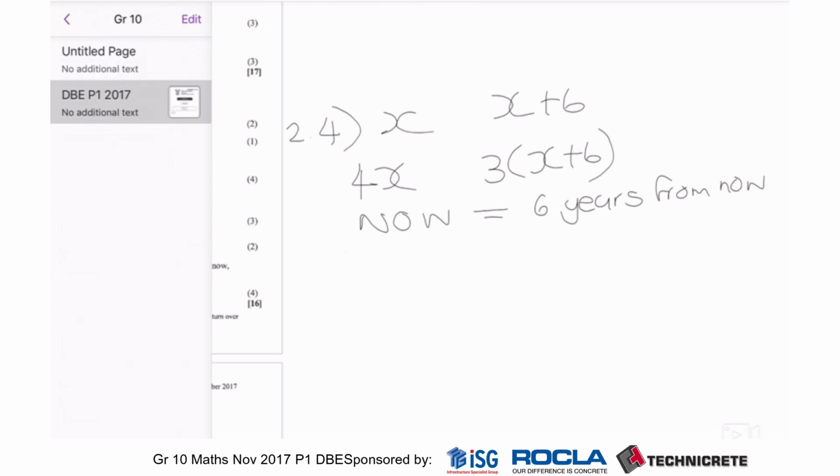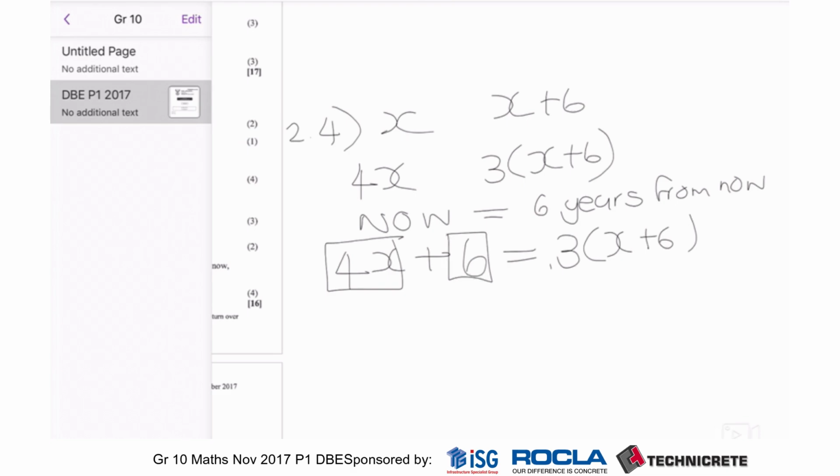Tabelo's age is 4x currently, but in 6 years, he's going to be equal to the same as 3 times (x plus 6). So his current age, 4x plus 6 years, is going to be equal to 3 times Linda's age. And we're solving now for x.